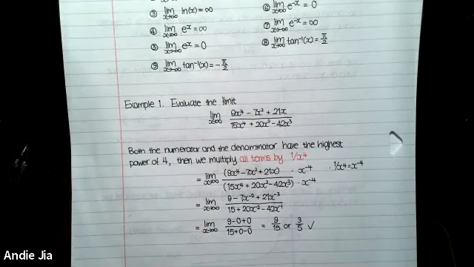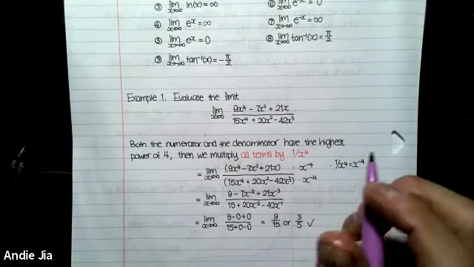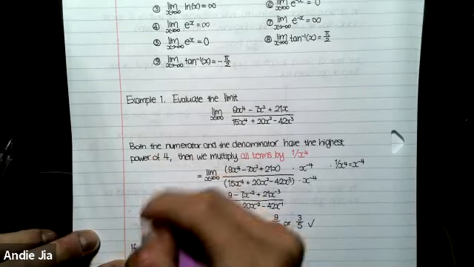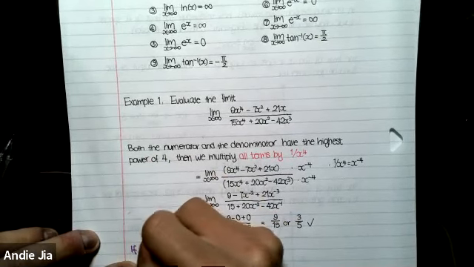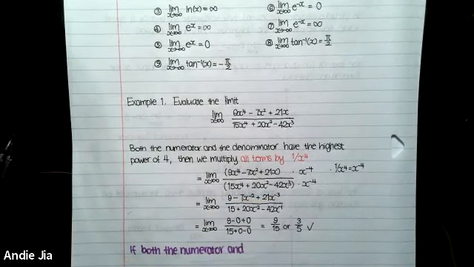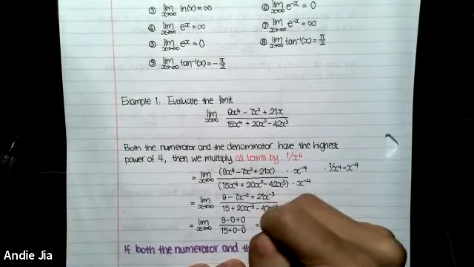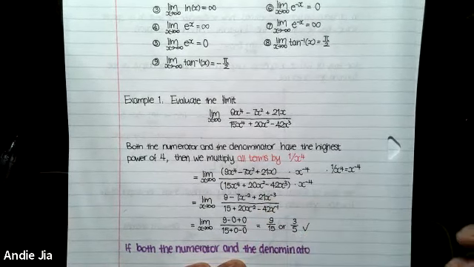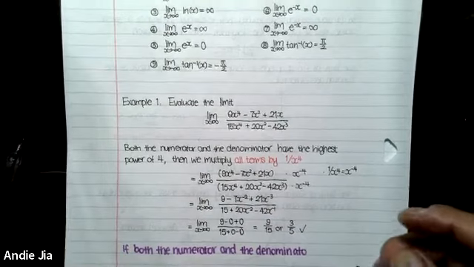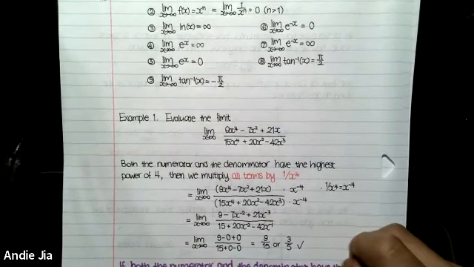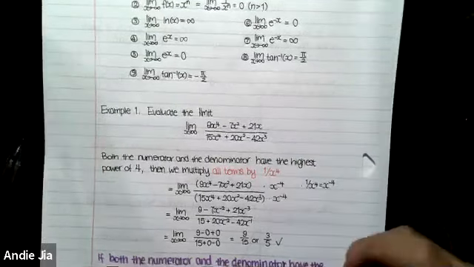Here are the strategies for this type of limit. If you see both the numerator and denominator have the same highest power, then we just multiply them by 1 over the highest power.